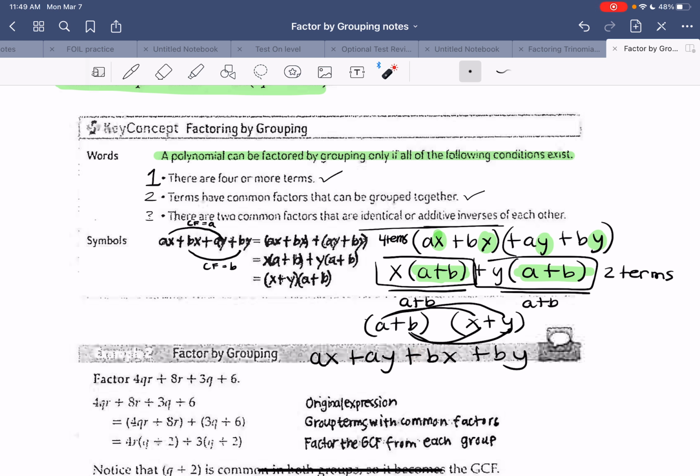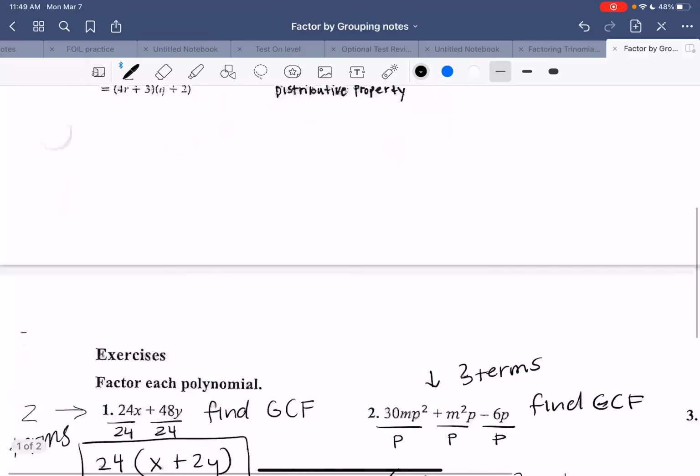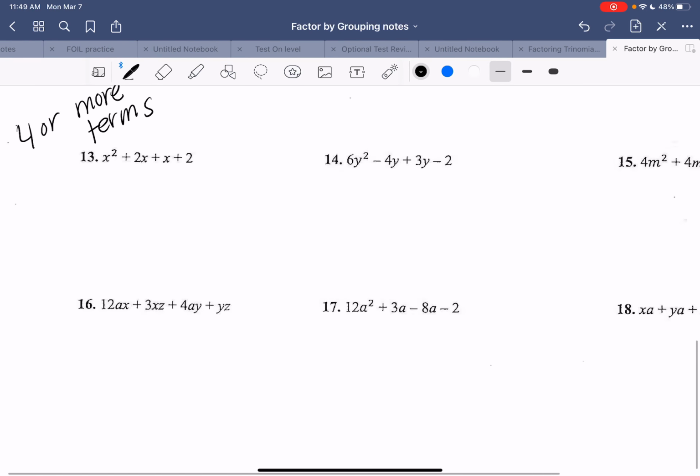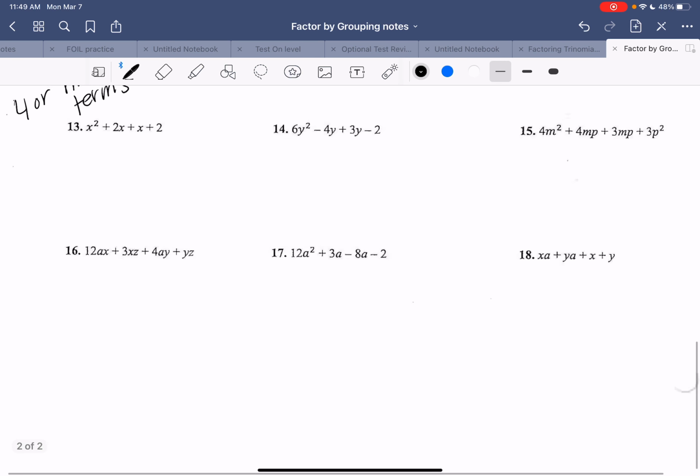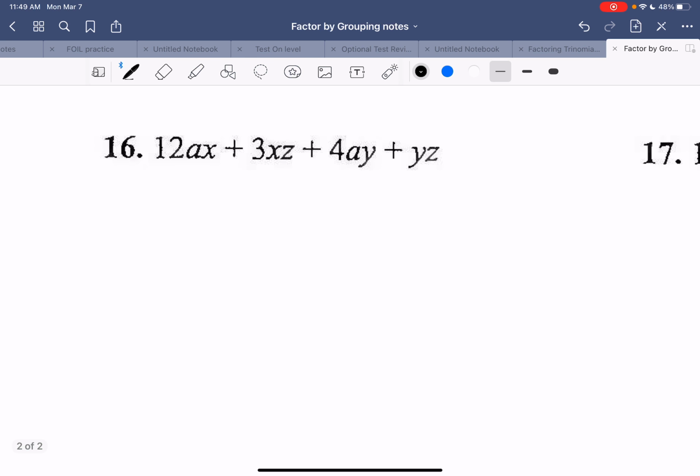So again, let's go ahead and look at an example. So we have to put them in pairs where a common factor can be taken out of it. So let's go back down to our problem. I'm going to do problem 16. If I look at the whole thing, there are four or more terms.